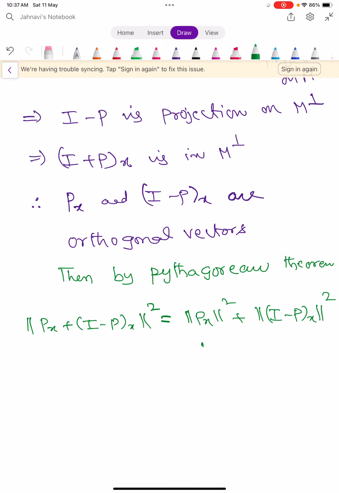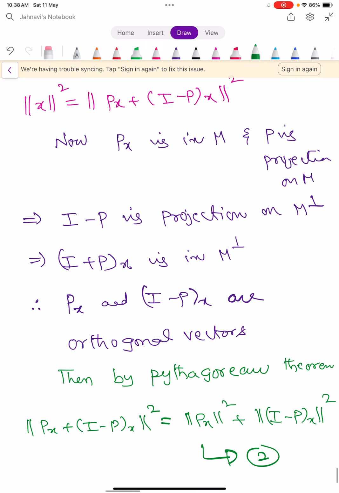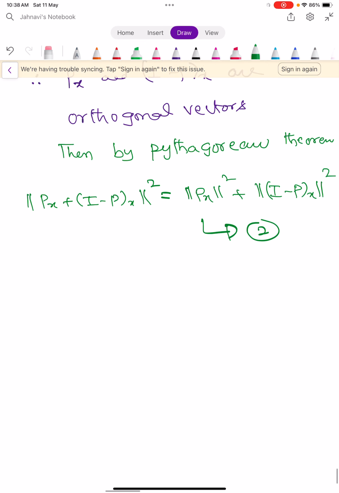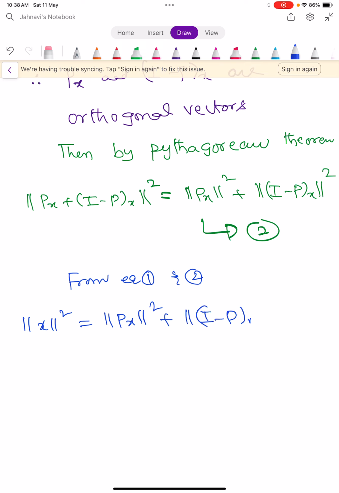Let this be equation number 2, and here it is equation number 1. From equations 1 and 2 we conclude that norm x square = norm Px whole square plus norm (I minus P)x whole square.